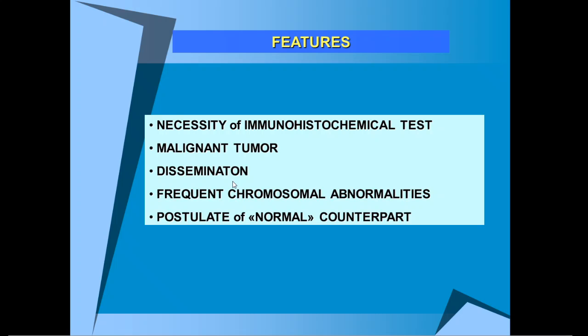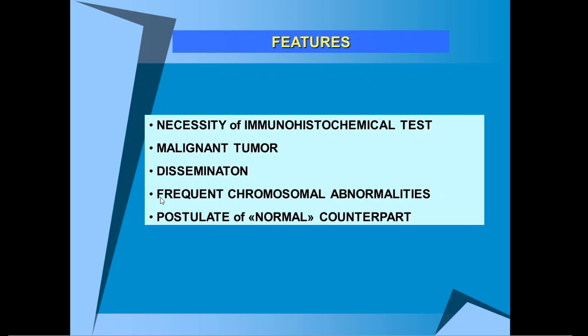So we have either a focal version of hemoblastosis, or we have a disseminated or general version of some types of hemoblastosis. So instead of metastasis, we use dissemination when we are talking about hemoblastosis.